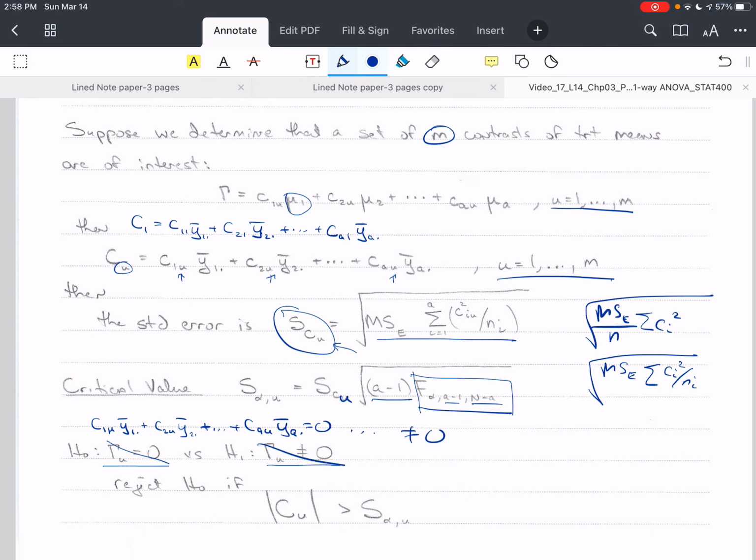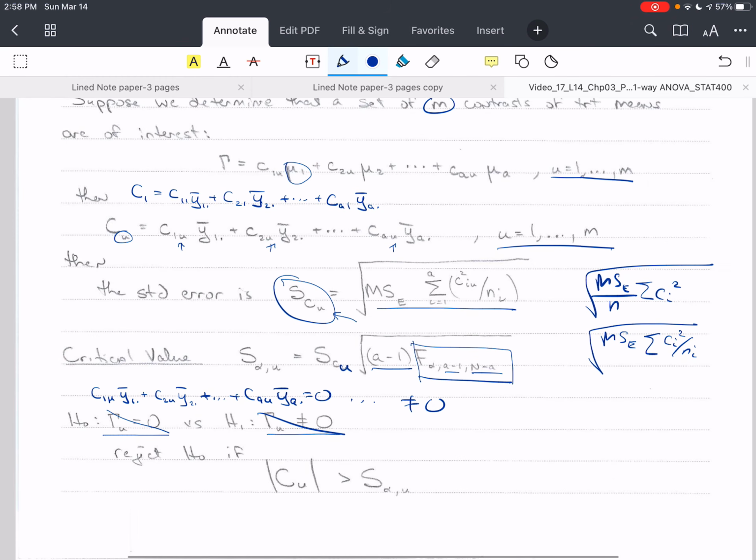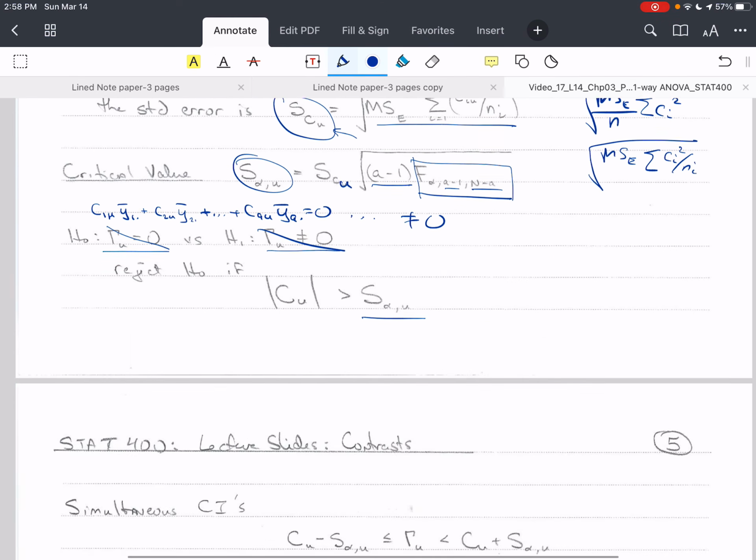Okay, so don't write it like that. Reject H naught if the absolute value of C sub u is greater than S sub alpha u, which is this critical value here, okay? So that would be our rejection region.